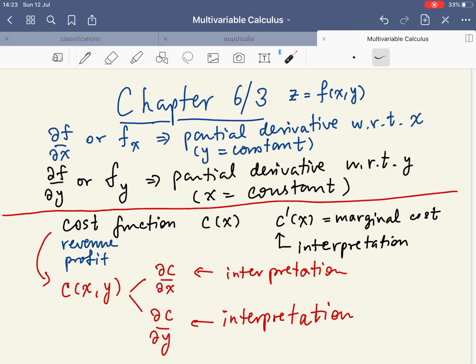Then you can use your Calculus 1 to find the derivative. Or if you want to find a derivative of f with respect to y, or f sub y, it is again a derivative with respect to y when you regard x as a constant.